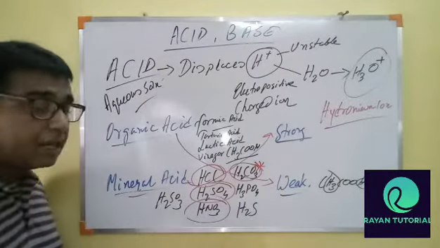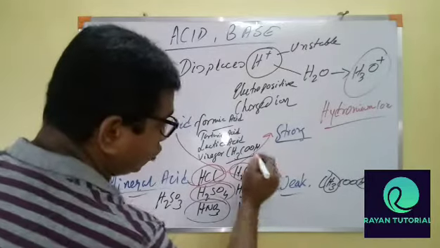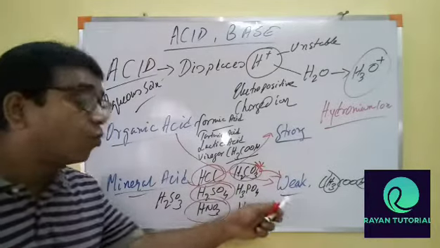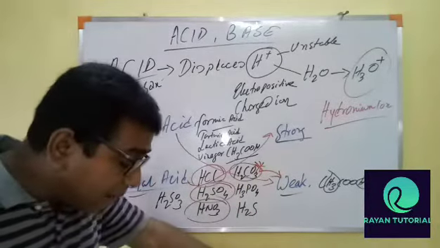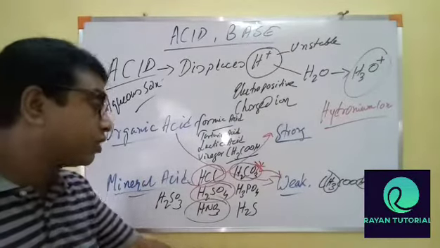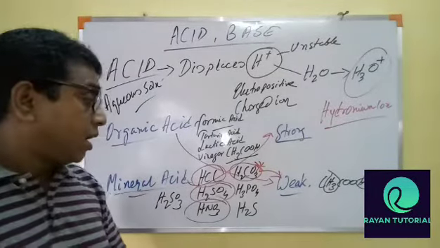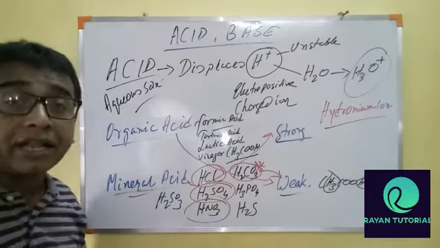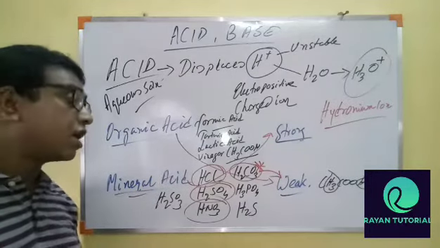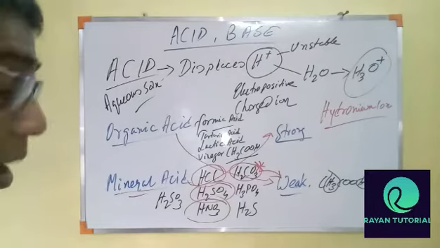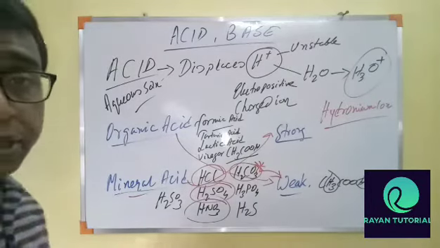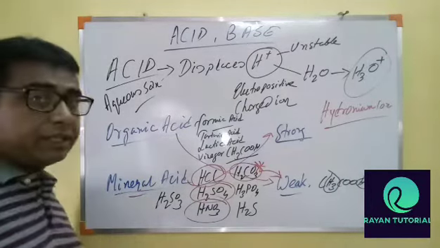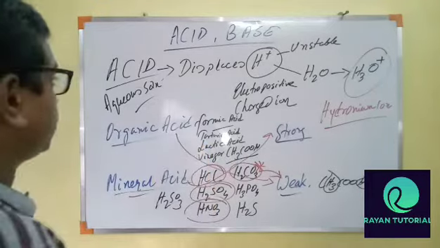It's a mineral acid, but it's not a strong acid. It's a weak acid. Many times in ICSE I saw a question coming, name a weak mineral acid. So the answer will be carbonic acid. Clear? Note it down.